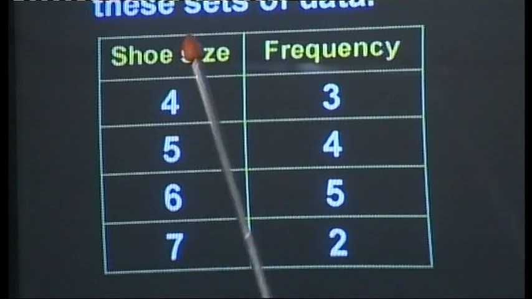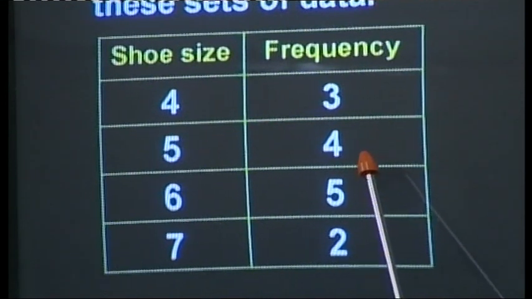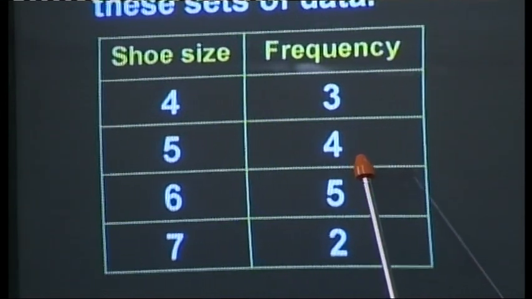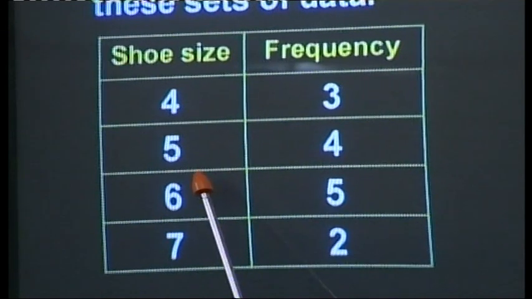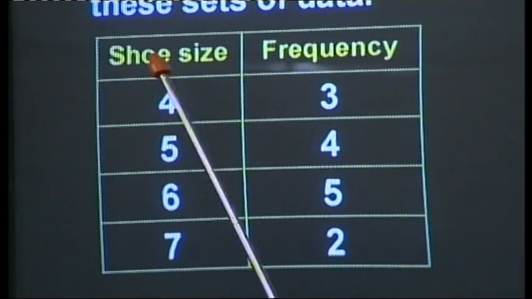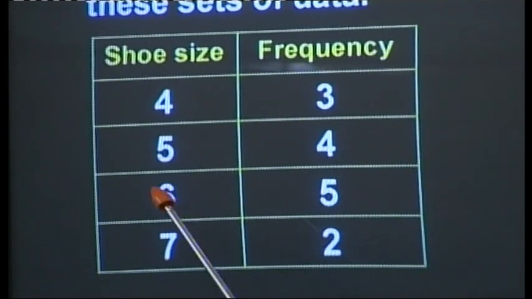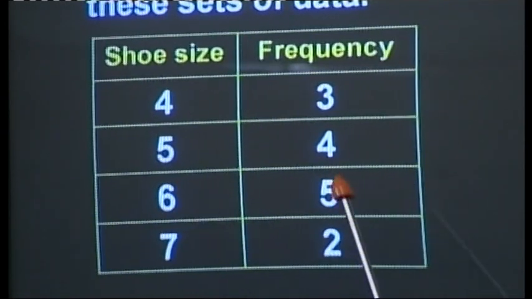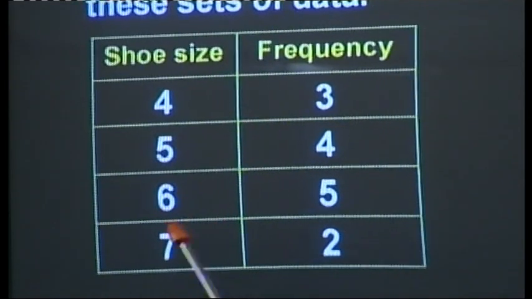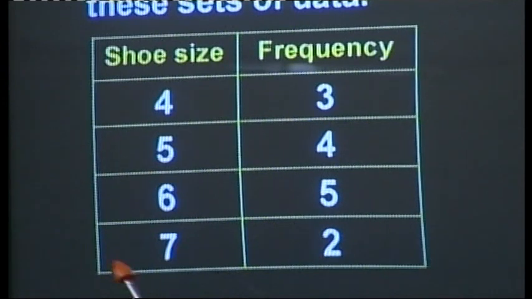Size 5, we have 5 students with shoe size 5. Size 6, 5 students. Size 7, only 2 students have shoes with this size. Their legs are longer than the other students.